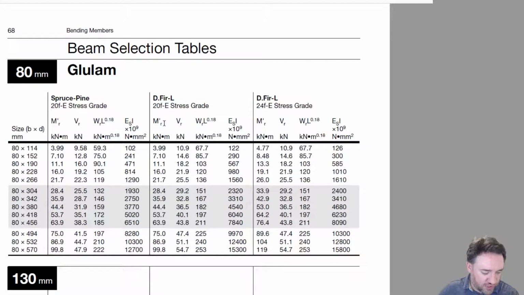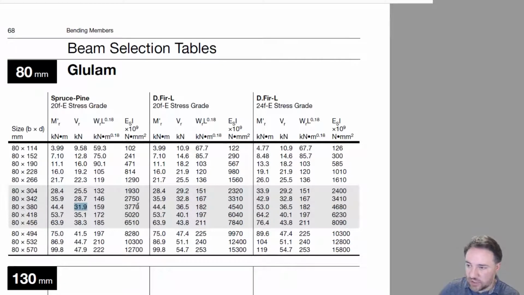So we're going to try the combo equation as we go here. We need an Mf of 42, so some of these are in the right range here. For an Mf of 42, if we go with an 80, you see the Vf is not big enough. We need a 48 here.